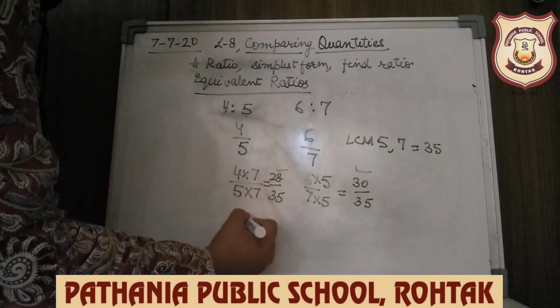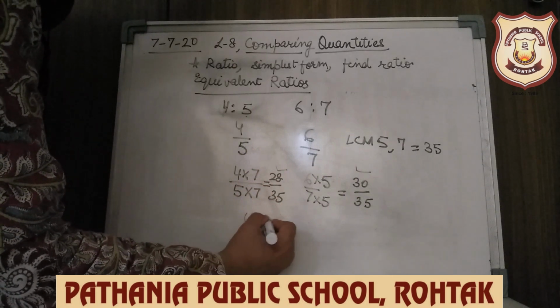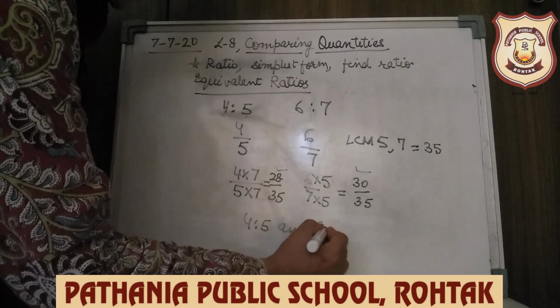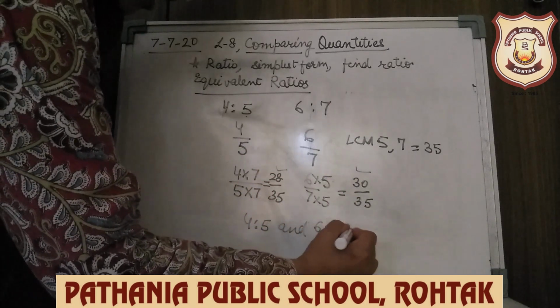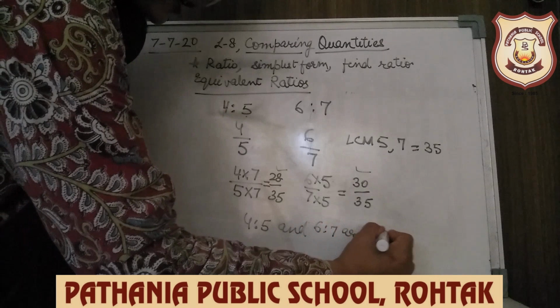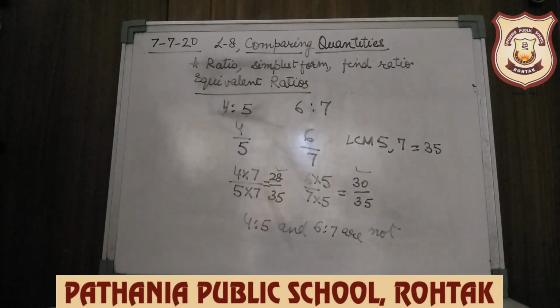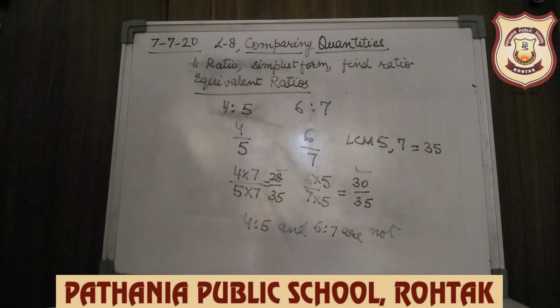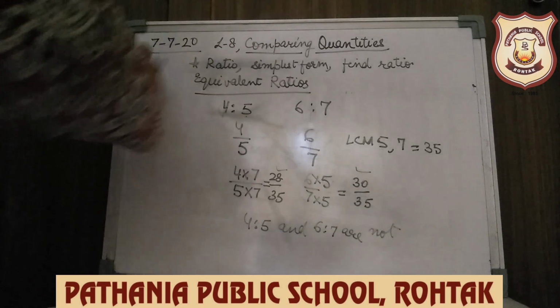So the ratios 4:5 and 6:7 are not equivalent ratios. They are not equivalent ratios as they are not equal. This is a very important thing, how to find out, because our next topic is related to equivalent.